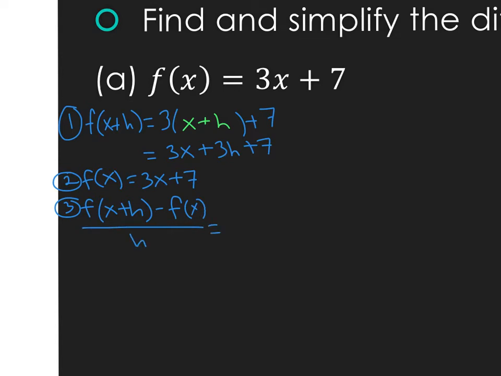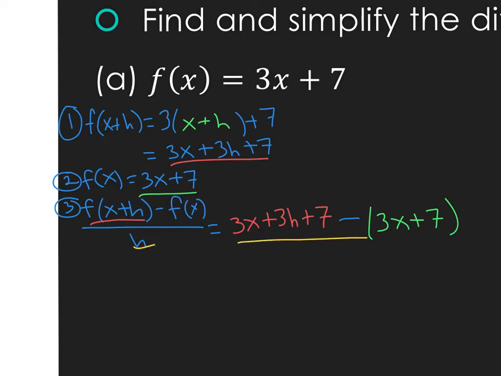So notice we're going to start with that f of x plus h, which we found up in this step. So 3x plus 3h plus 7. And then we're going to subtract the f of x. Now, because you have multiple terms, I would highly recommend you put parentheses around it. The biggest mistake, remember, is that distributing process, and that is all over h.